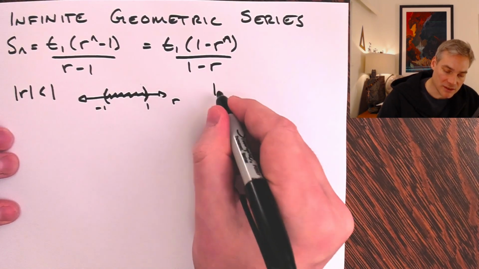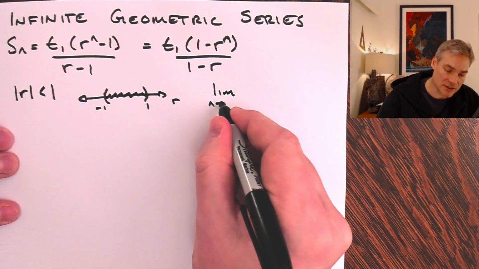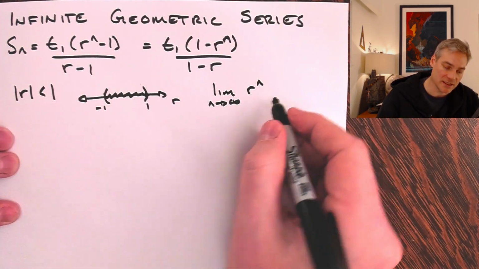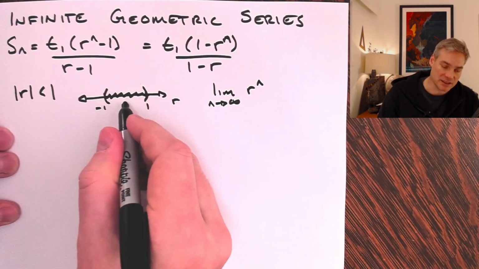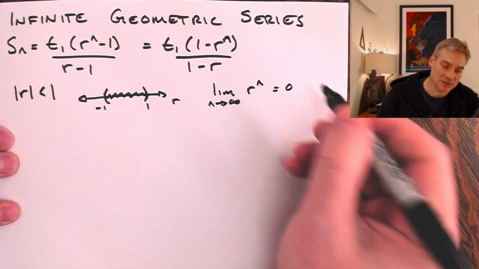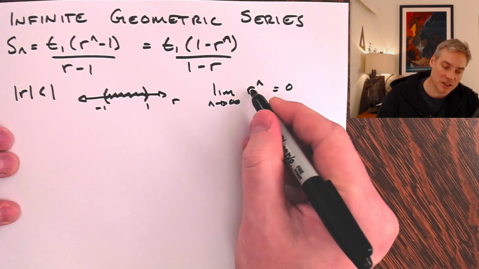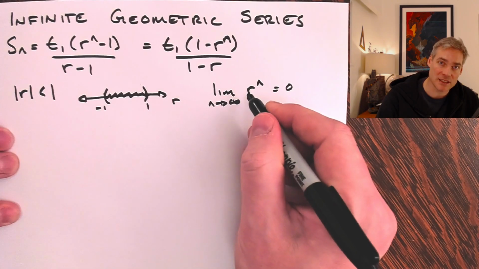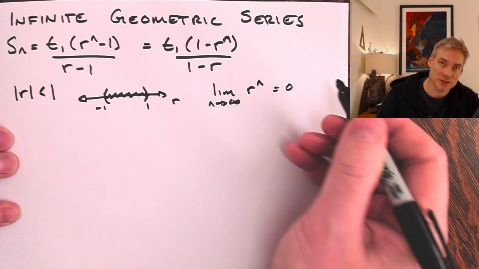Well, that means that the limit as n goes to infinity of r to the power of n, with r bound by this, the magnitude less than 1, will equal 0. So when r is raised to a very large number and the magnitude of r is less than 1, it will go to 0.